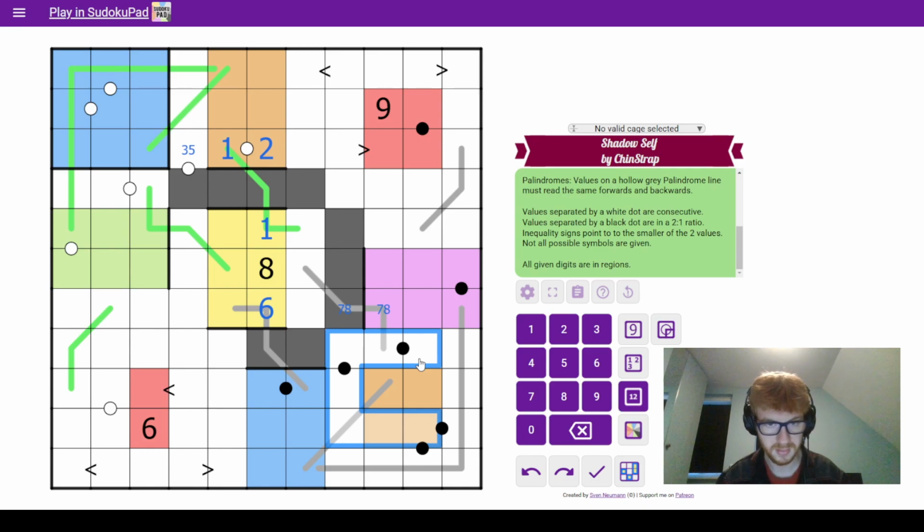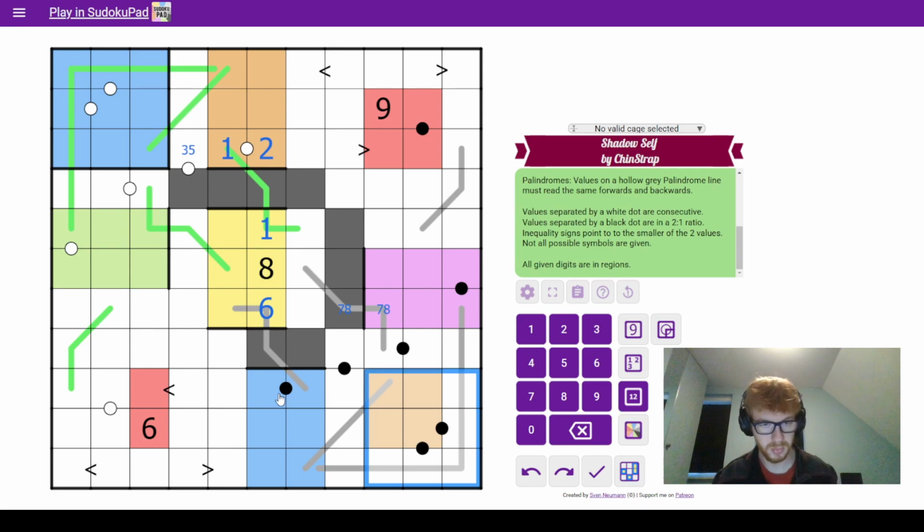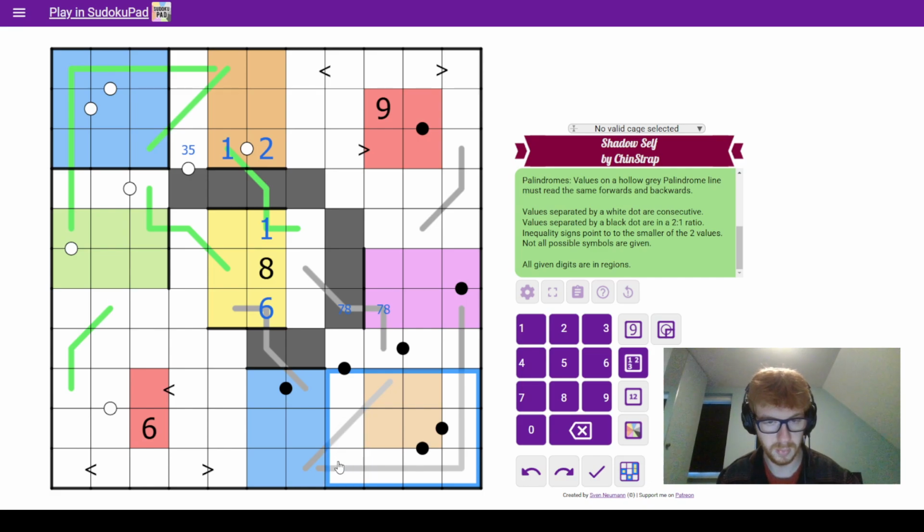So is this somehow problematic then? Well, see, I don't think so. If orange is like this, right? Then blue would have to take this one, because one of those has to be in. So blue would have to take that one.